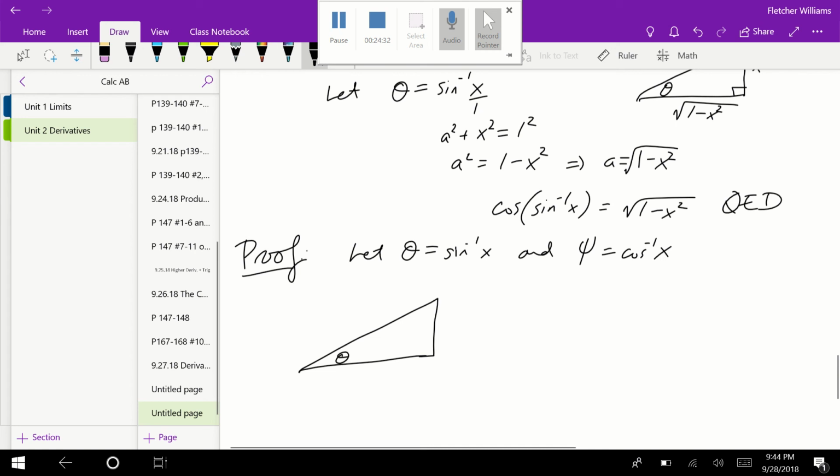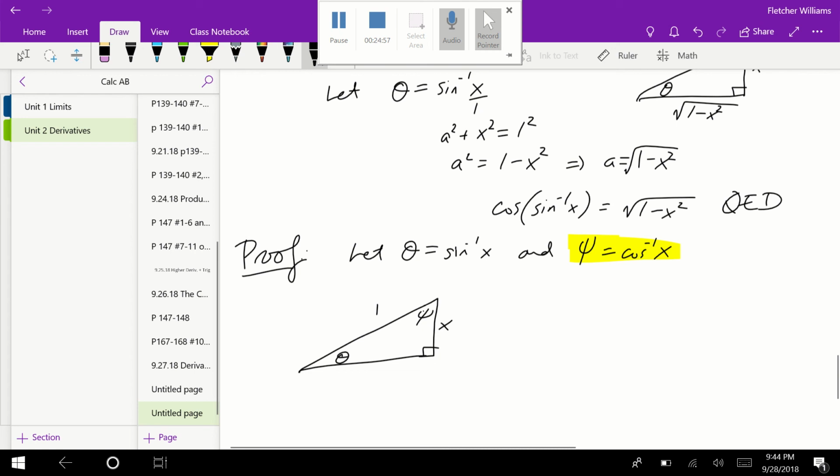Okay, theta. So sine is opposite over hypotenuse. Now just looking at the triangle, we can see, wait a second, there is an angle where you have the adjacent over the hypotenuse, that's x over 1. And that would be our cosine, x over 1. So we can actually just label psi in the same triangle.